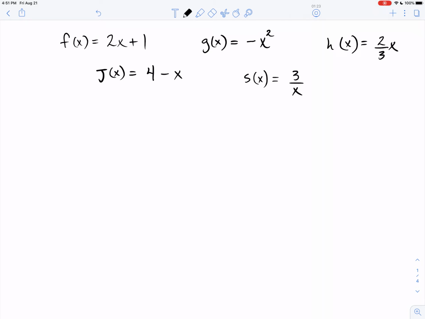Let's play. Function notation is a labor-saving thing we use in mathematics. In Algebra 1, we introduce this concept to you, and here's how I like to introduce this idea.